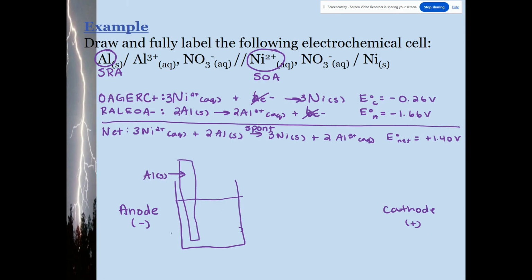So there's my aluminum and nitrate ions floating around that electrode in that beaker. I then have this porous cup, which is like a ceramic cup that we put inside of the beaker. Okay, and it contains its own solution of ions, and you put the other electrode in there.